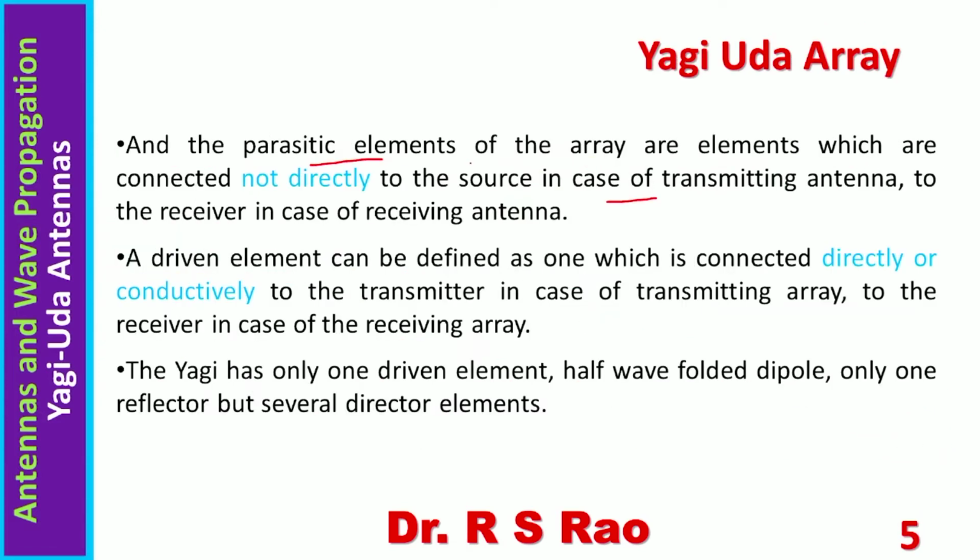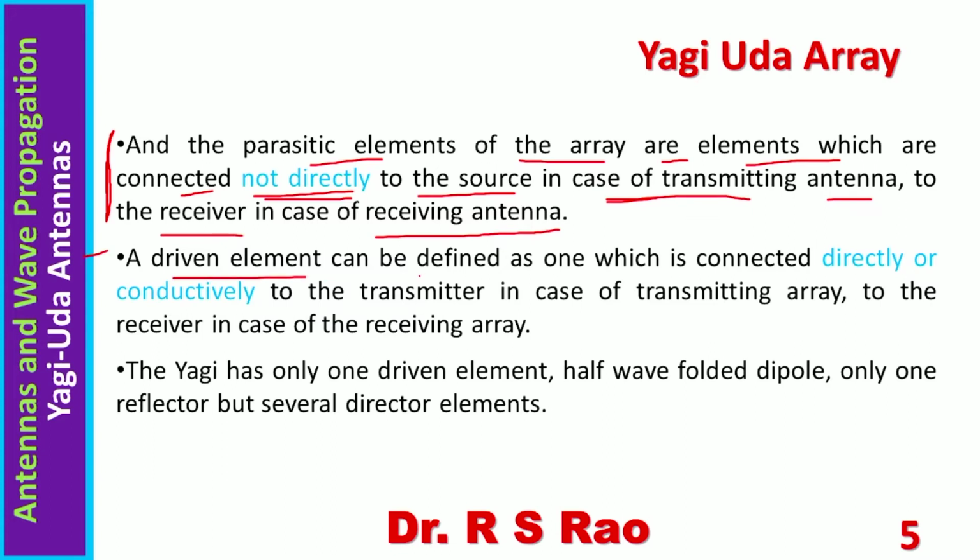The parasitic elements of the array are elements which are not connected directly to the source in the case of a transmitting antenna, or to the receiver in the case of a receiving antenna. Here the point is, parasitic elements by definition are elements of the array which are not connected directly to the source when it is acting as a transmitting antenna, or to the receiver when it is working in receiving mode.